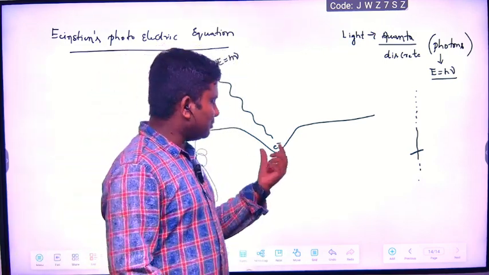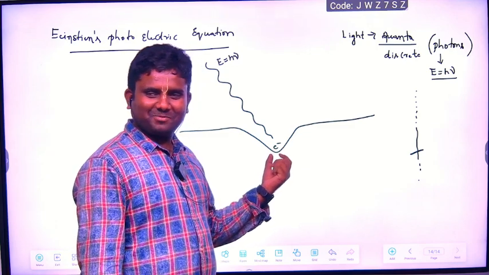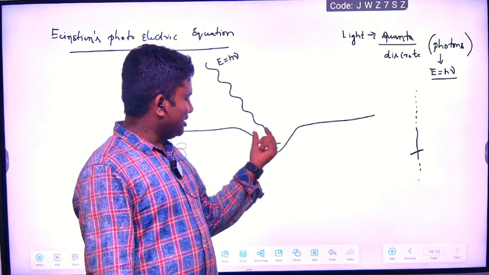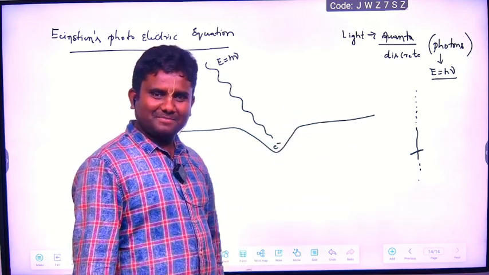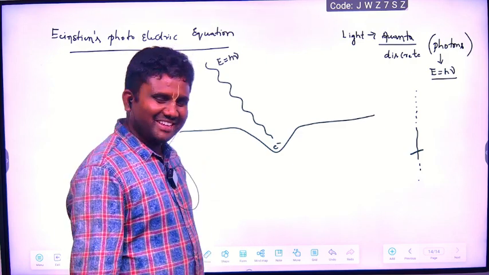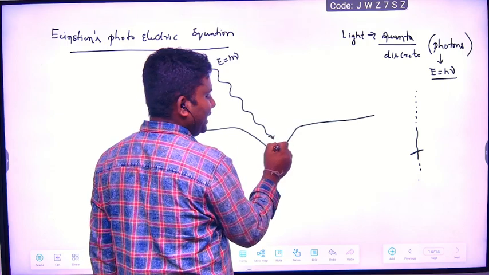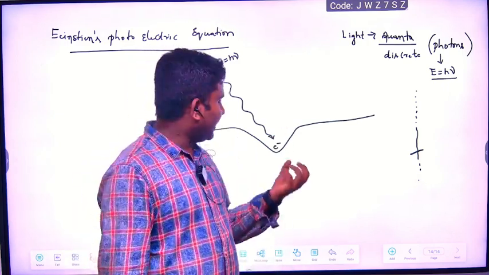Whenever one marble hits another marble, what will happen? This marble will fall and that marble will come out, or both will come out. Similarly, whenever light as a particle comes and hits the electron, this electron will take the momentum or energy from the light.